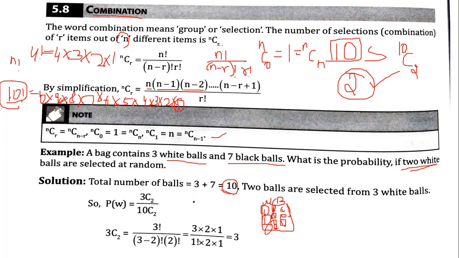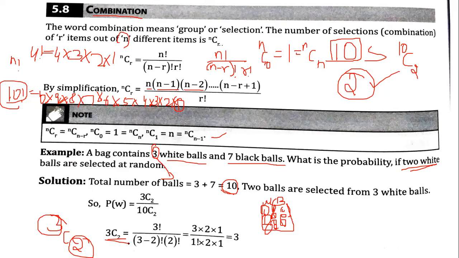How many white balls do we have? We have 3 white balls. Out of these 3 white balls, I have to select 2. So I will find out 3C2.